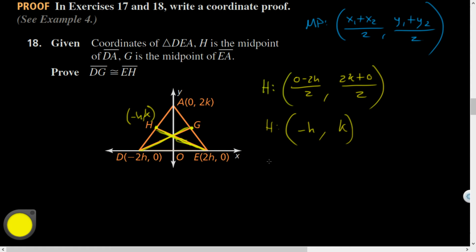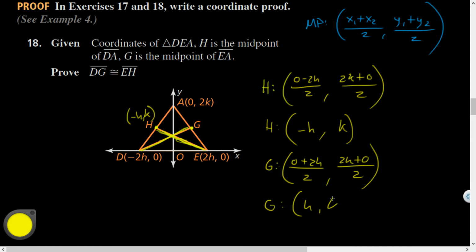So for point G, waka, is the midpoint of those two. So it would be 0 plus 2h over 2 and 2k plus 0 over 2. And so G simplifies to be h comma k. All right. So the reason this is true is just by definition of midpoint and then simplifying.